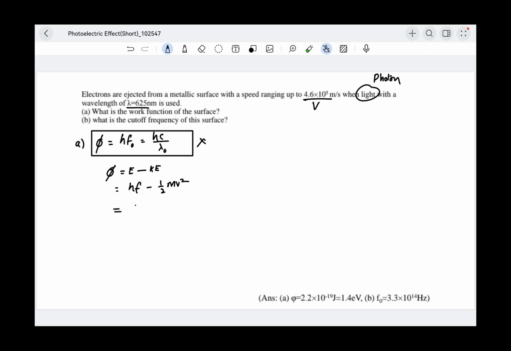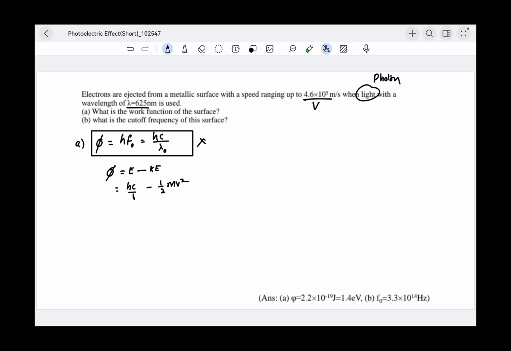So hf, h is 6.63 times 10 to the power of minus 34. The frequency is not given, sorry. So I will change, instead of hf we will use hc by lambda, that is better.